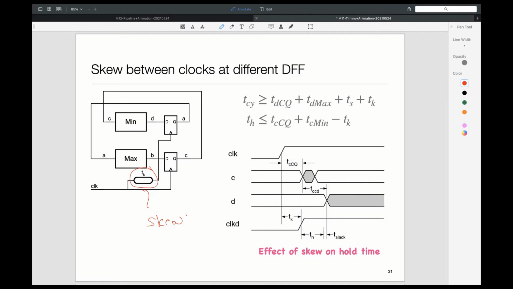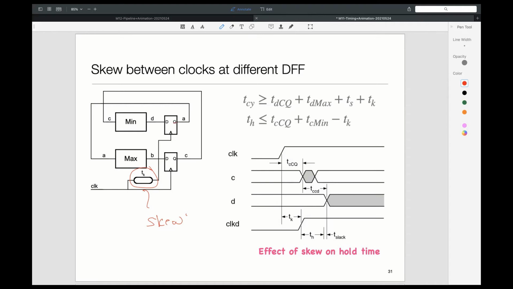Okay, so what implications does it have for our design? In this particular case, the upper one is seeing the clock tick TK after the bottom one sees the clock tick. Let's think about both our cases. We were worried about the setup time and the hold time. So let's look at the setup time. For setup time, we worry about the long path.